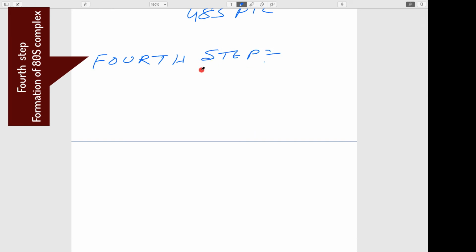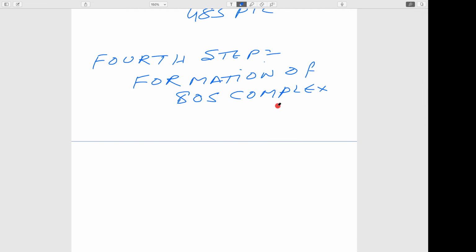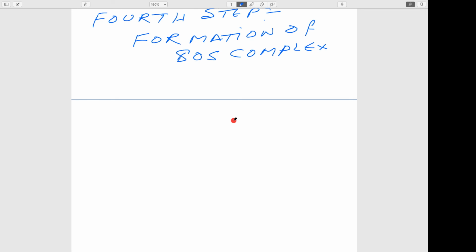The 4th step is formation of the ATS complex. So once this correct base pairing has taken place, then only the association can take place. That means we can presume the correct base pairing has taken place.